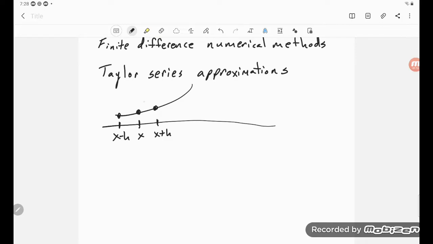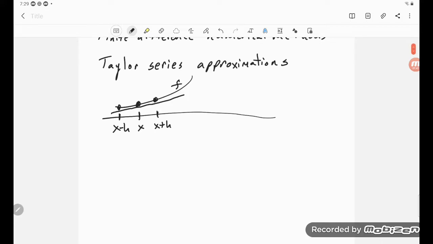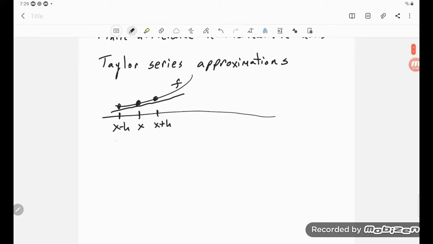Well, the idea of a tangent line, right, is if I know the tangent line here at x, I could draw that tangent line, use that to predict the function f at either x plus h or x minus h, something like that. I could use, instead of just a straight line approximation, a quadratic approximation and so forth. So, let's look at this idea.